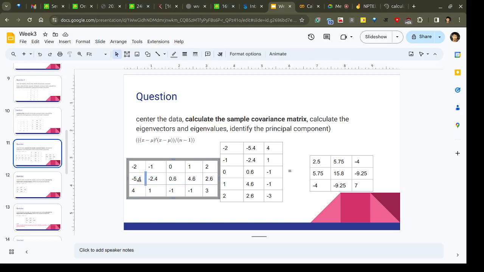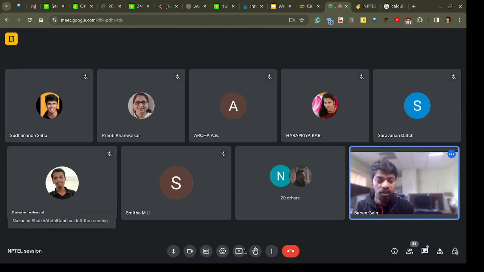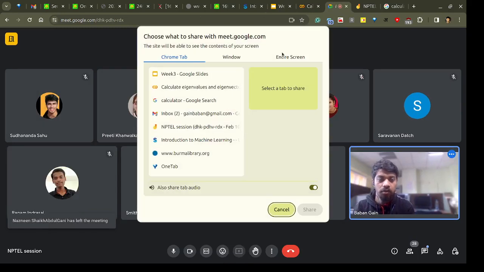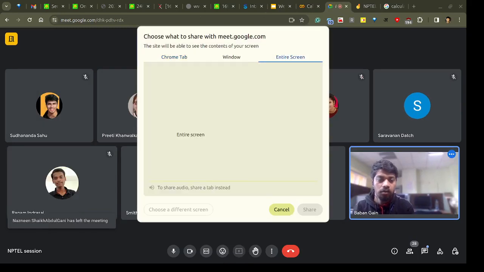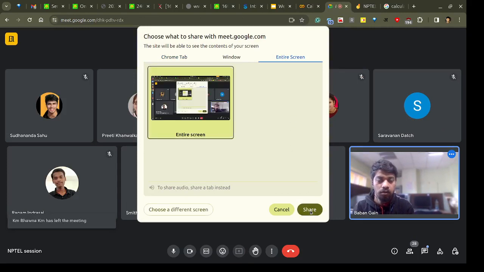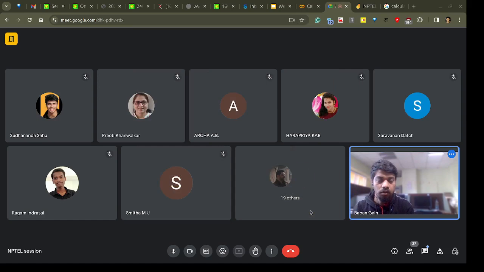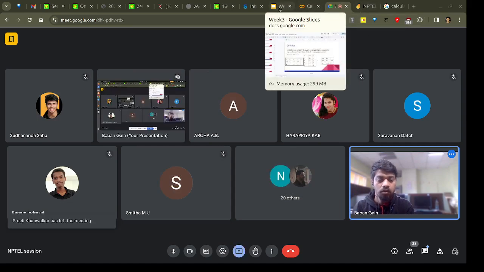So for the second row we have to calculate everything. Minus 5.4 into minus... yeah. So let me do one thing: let me share the whole screen and use the system calculator. So is it visible?